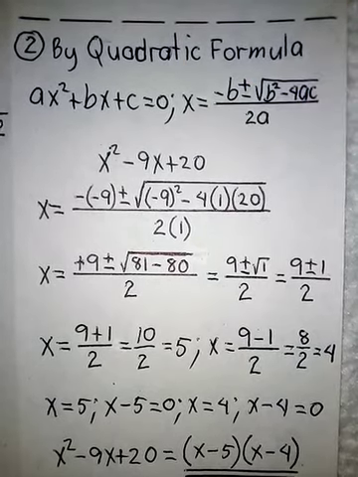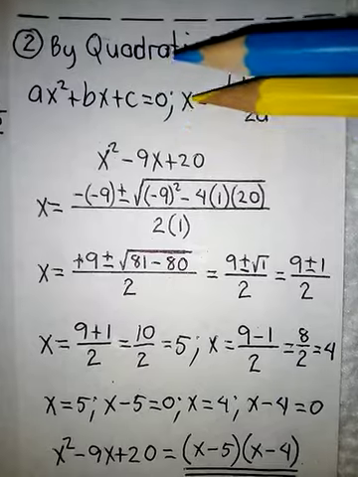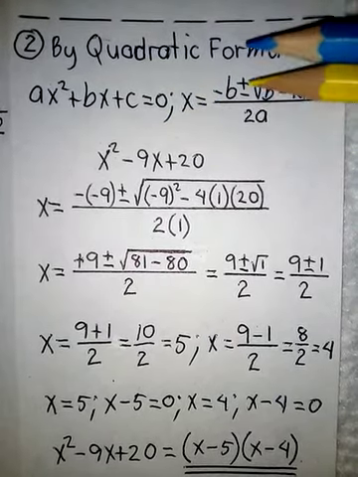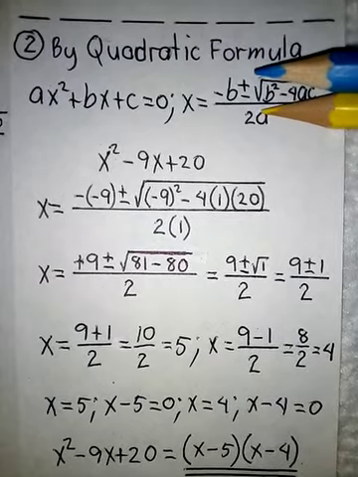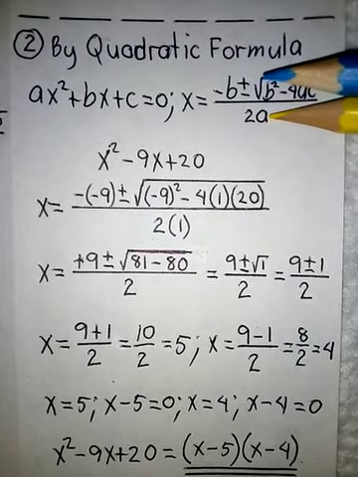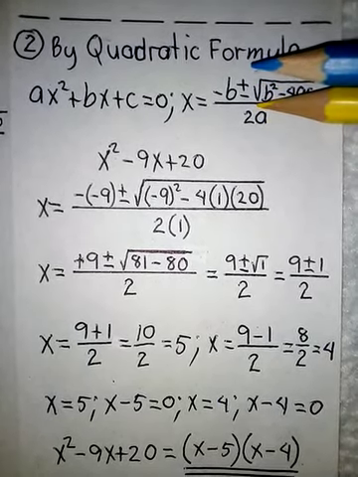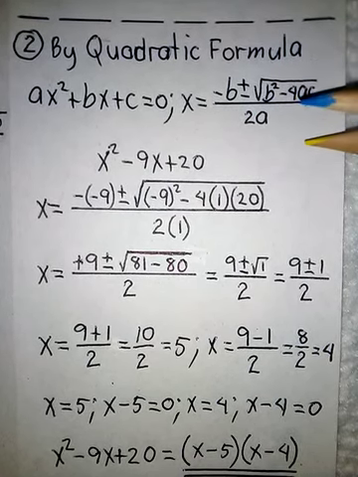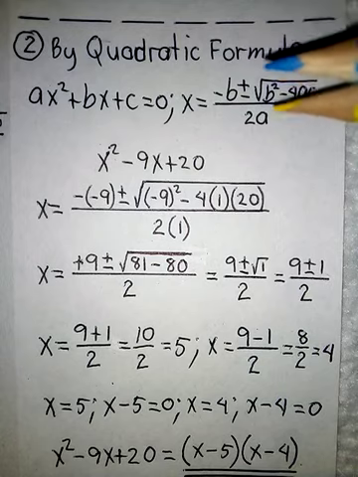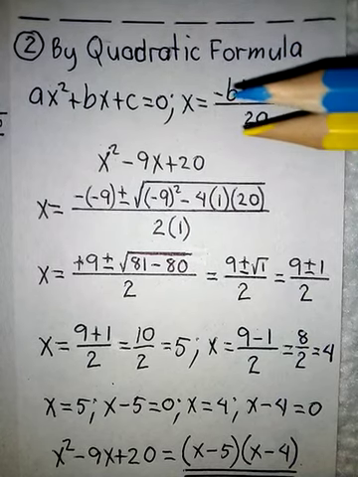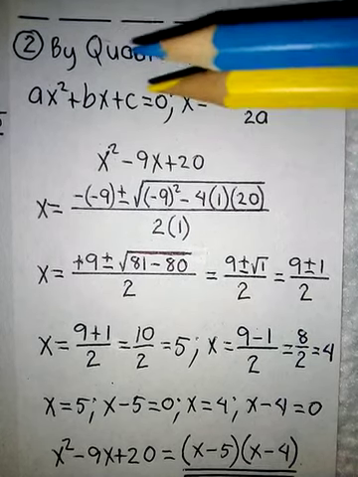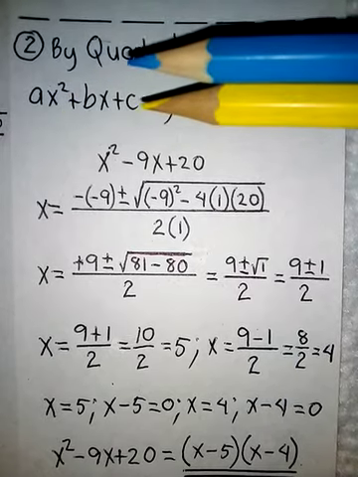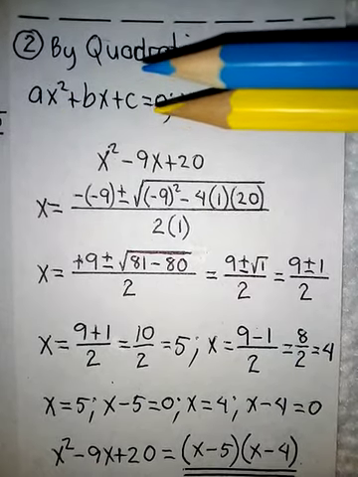And we have the quadratic formula to be x is equal to negative b plus or minus square root of b squared minus 4ac all over 2a. All the letters here, a, b, and c, are the coefficients and constant of the equation.